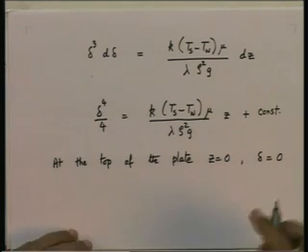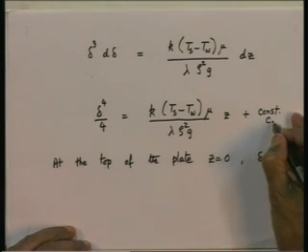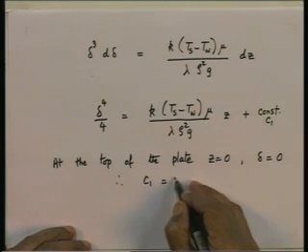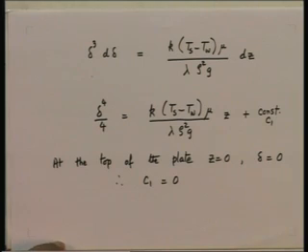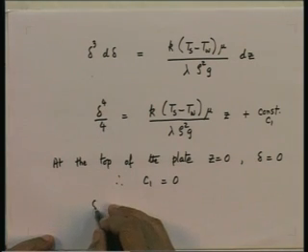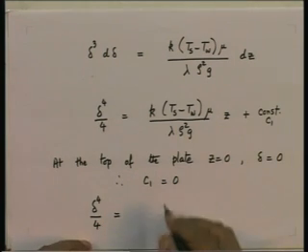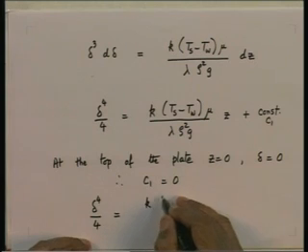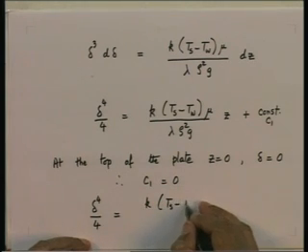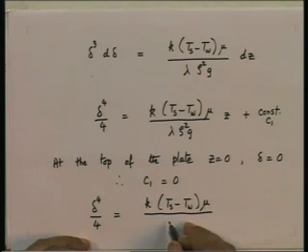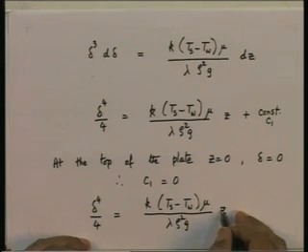So, if you put that in, then this constant, which I will call C1, is equal to 0. So, on integration we get delta to the power of 4 divided by 4 is equal to, the constant being 0, k (T_s minus T_w) divided by mu divided by lambda rho squared g multiplied by z.